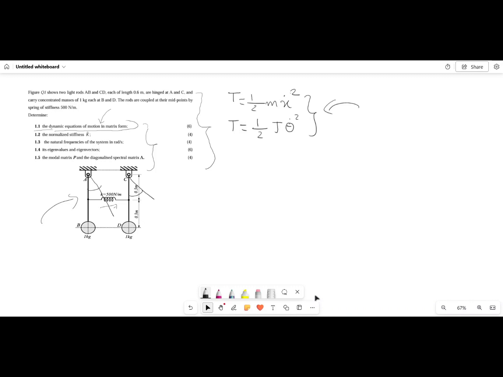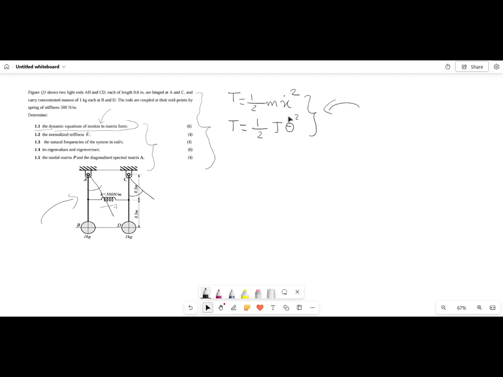So in Lagrange's, what we need to call is kinetic energy and potential energy, and also Rayleigh dissipation in case it's needed. Rayleigh dissipation comes from the damper. So what do we need to know? I just need to recall the formula of the Lagrange equation.